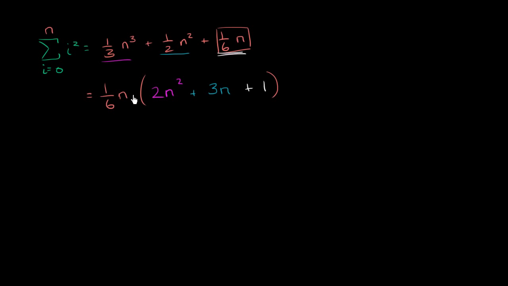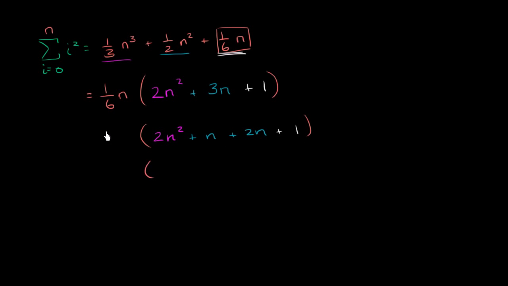So let me rewrite this. I'm just factoring by grouping here, nothing super fancy. So if I rewrite this as 2n squared plus n plus 2n plus 1. So this is all the stuff in this parentheses right over here. Well, this part right over here, we can factor out an n.